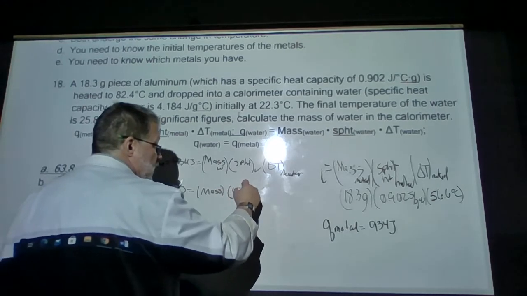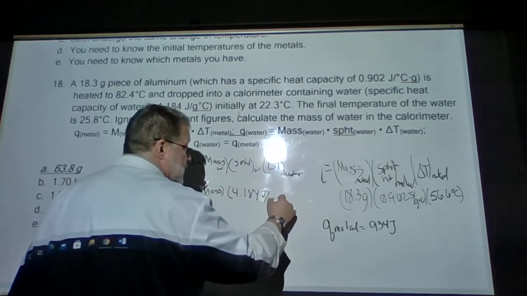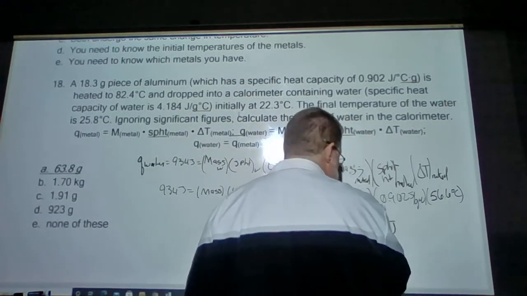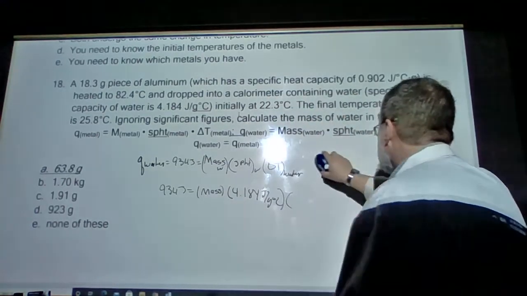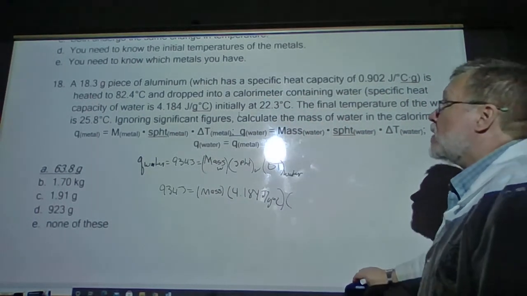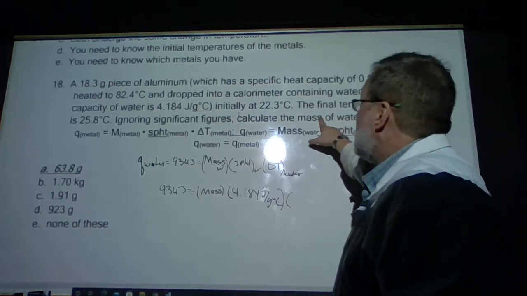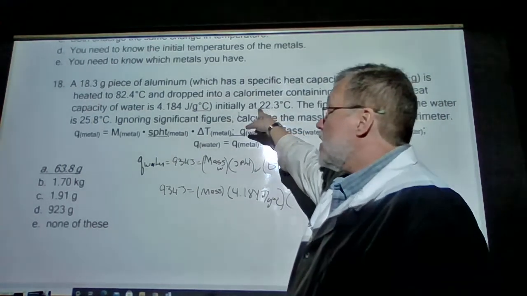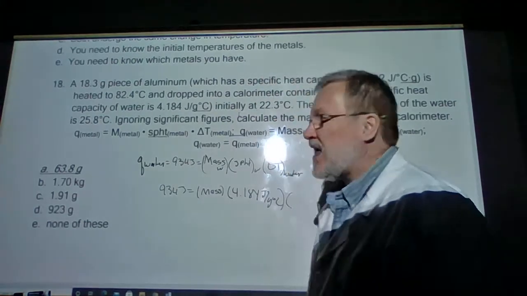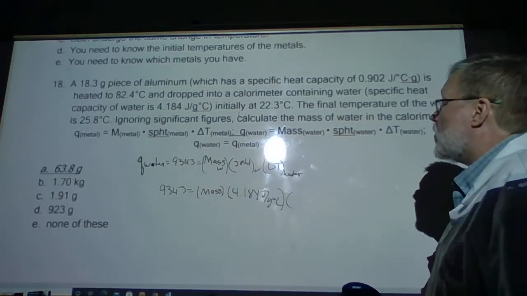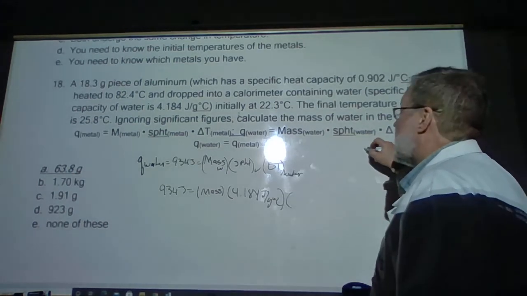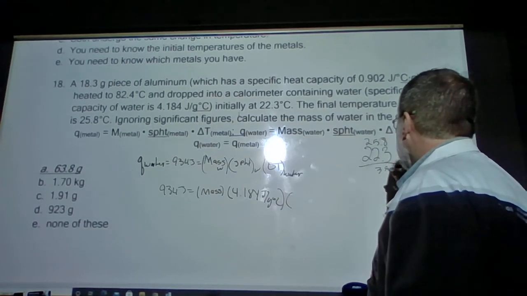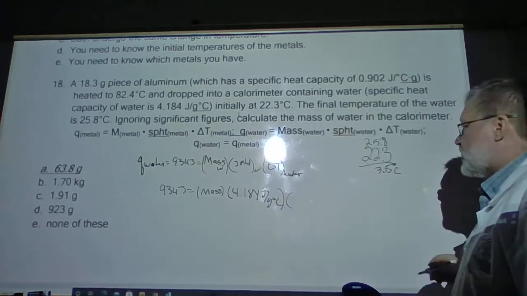We know the specific heat, 4.184 joules per gram per degree C. What temperature change did the water undergo? Initially, the water was at 22.3 degrees C. The temperature of the water increased to 25.8. So the water underwent a 3.5 degree temperature change.